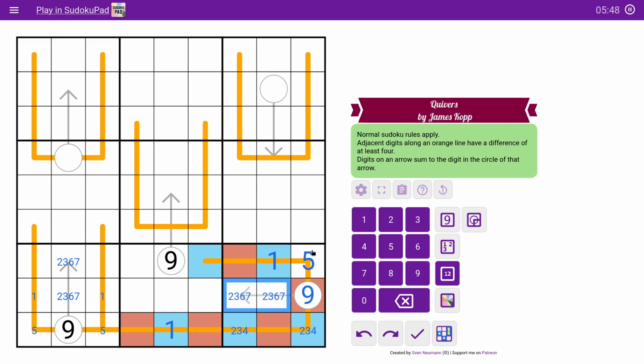Again, 2, 3, 6, 7, and we know it's a different pair than these. One of these is an 8. One of these is an 8. Five is here, 6, 7, 8 is here, 2, 3, 4.